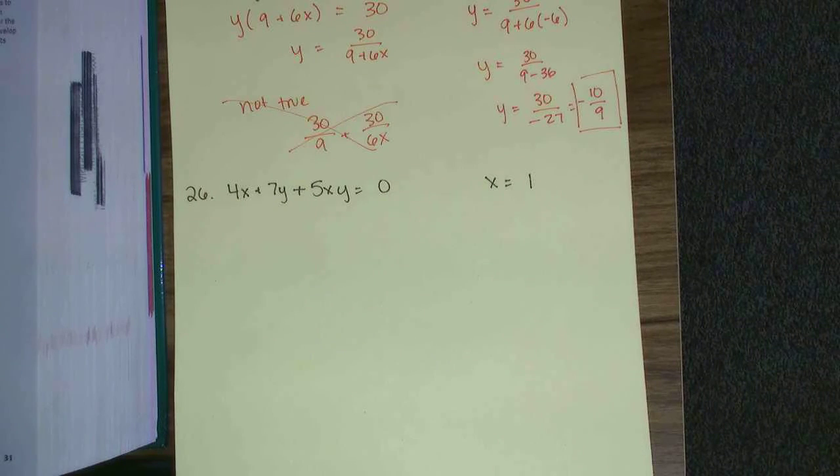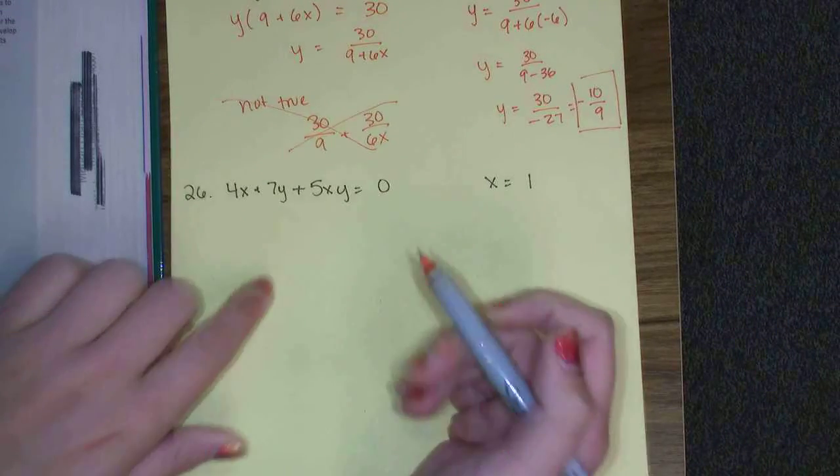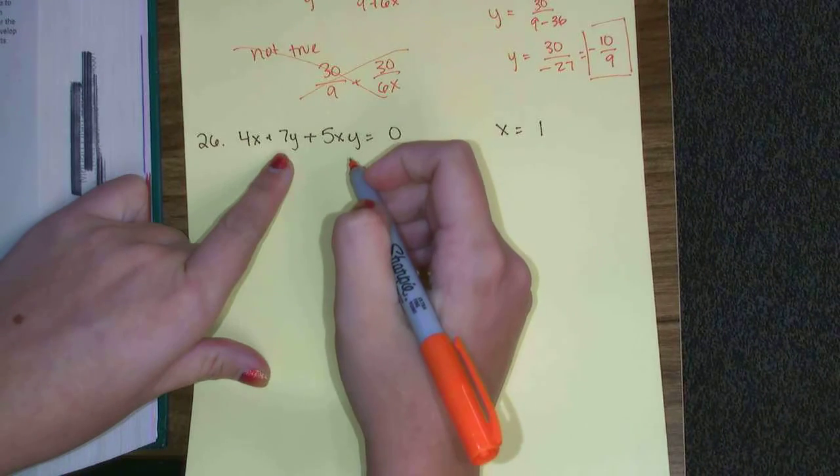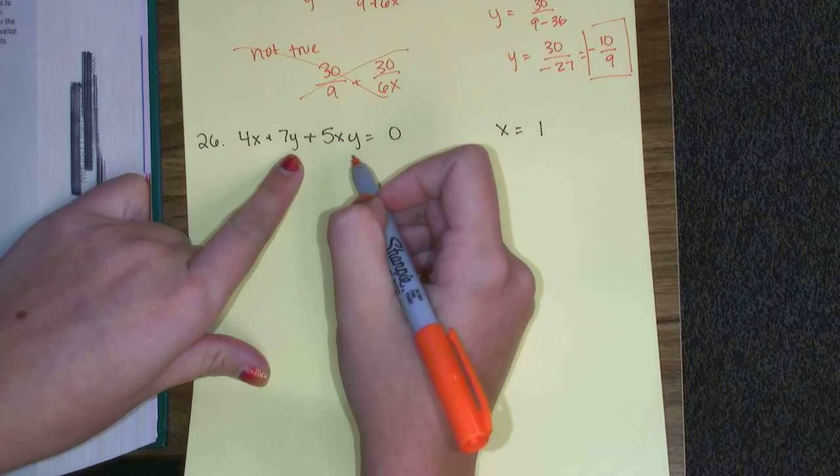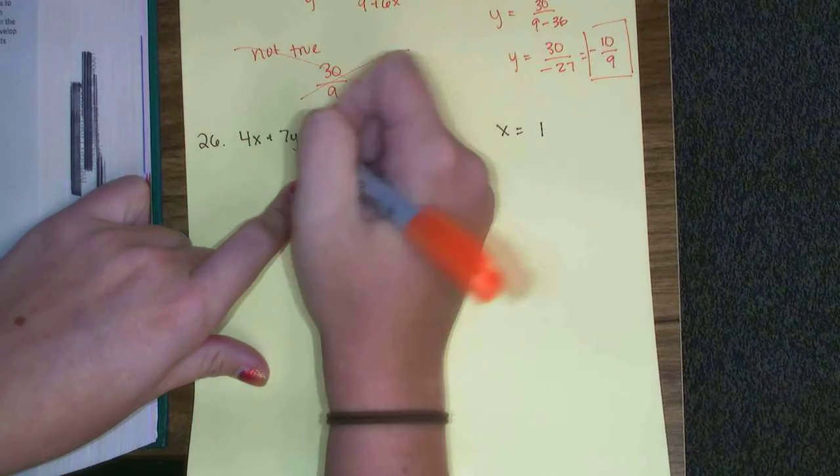Alright, how to get y by itself now? Alright, so the hint here, just because I don't want this to take forever, is we want to just have y terms on this side. So I'm going to move the 4x over.